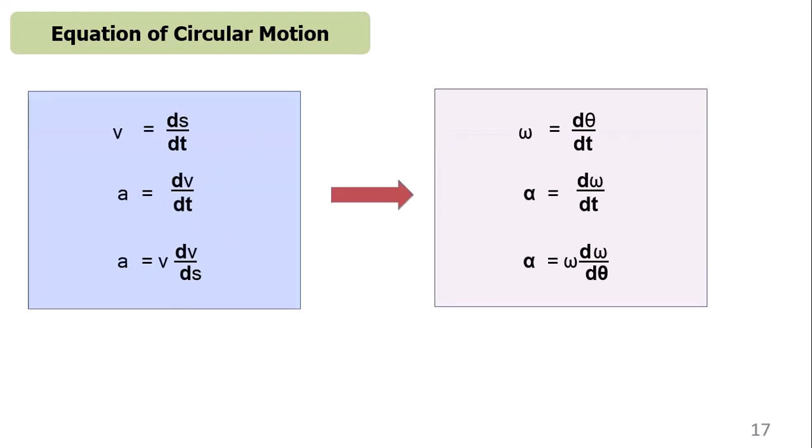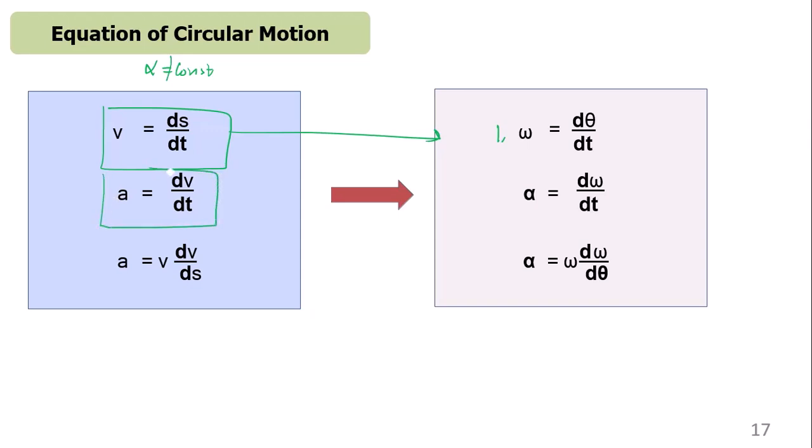When alpha is not constant, then you have to go for the differential equations. For that, you should write v equals ds/dt. Corresponding to that, we can write omega equals d theta/dt.